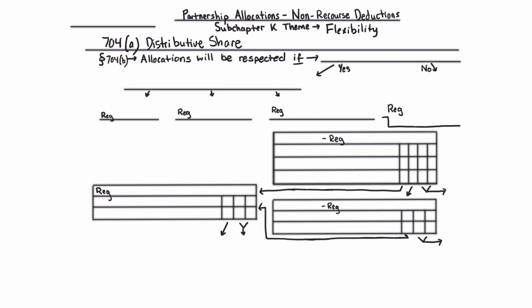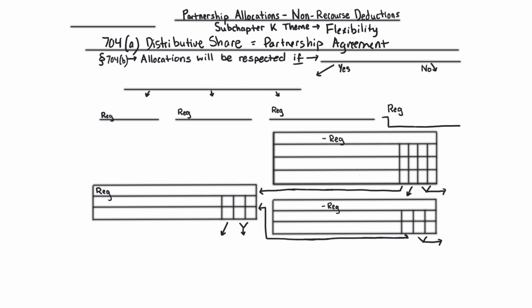We're talking about allocating items of income, loss, deduction, credit, gain, whatever it is, between or among the owners of the entity taxed as a partnership. The general rule under section 704(a), distributive share, is that we follow the partnership agreement. We follow whatever it says in the partnership agreement. Again, we're keeping with the idea of flexibility.